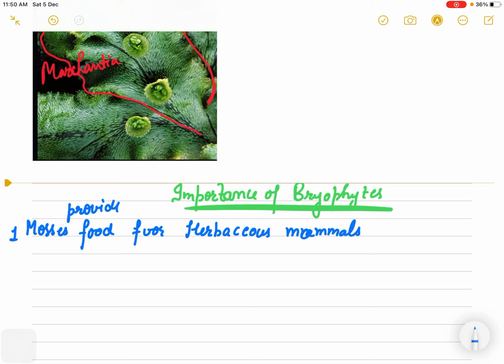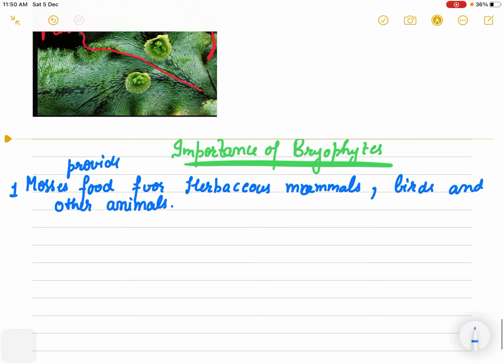So that is food for mammals, birds, as well as other animals. That is the first importance of bryophytes, that they are food for other animals.